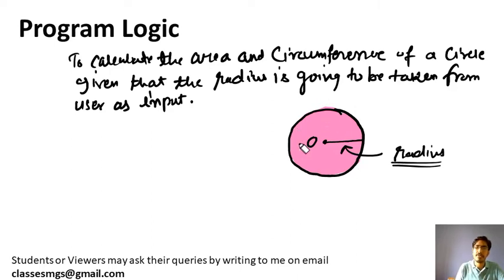We have a formula for calculating this area, and the circumference is basically this one. This is the circumference. Like we have perimeter in the case of rectangle, triangle and square, we have the circumference in case of a circle.